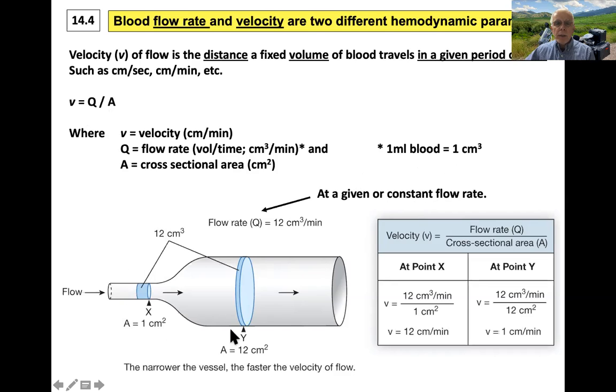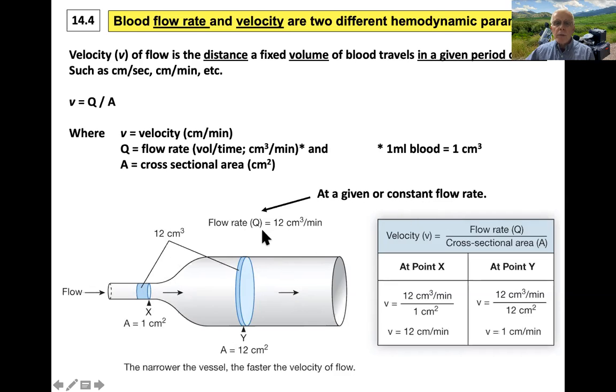In the cartoon below, she's got fluid flowing through a tube of 2 different diameters. She wants to look at the effects of cross-sectional area on the velocity of blood flow. That's why the cartoon is set up this way. The flow rate in this case is at a given value, a constant flow rate.